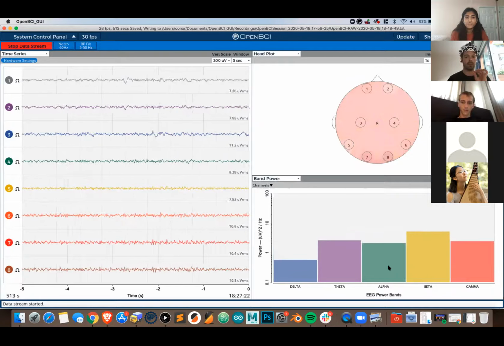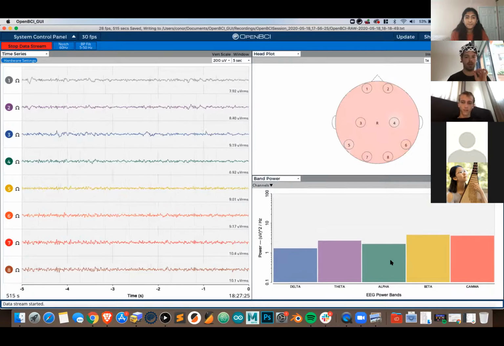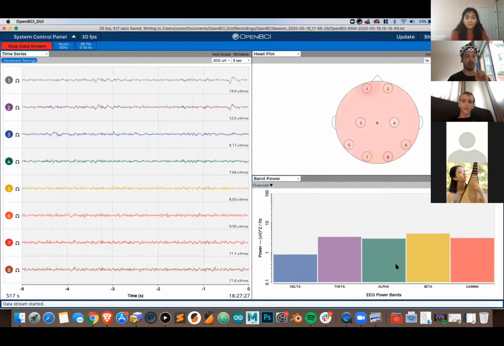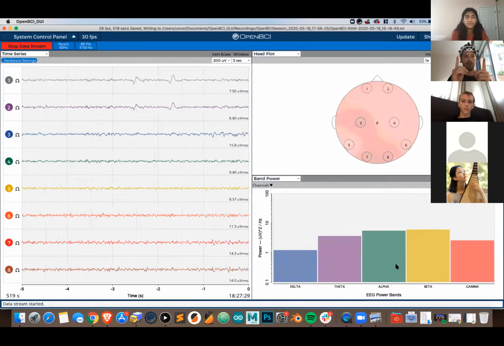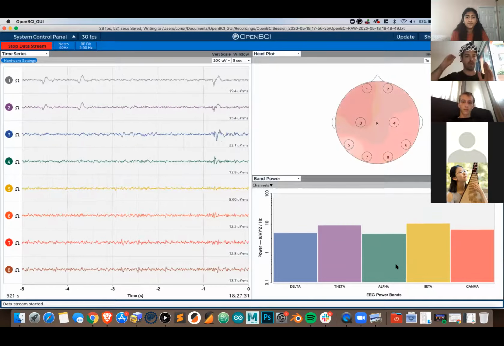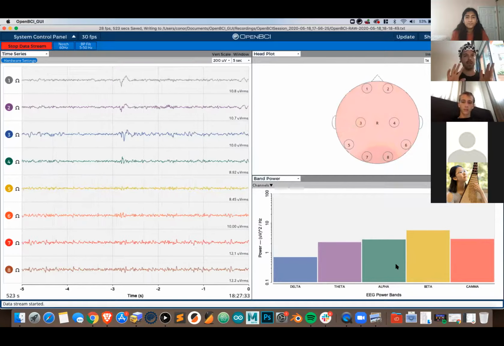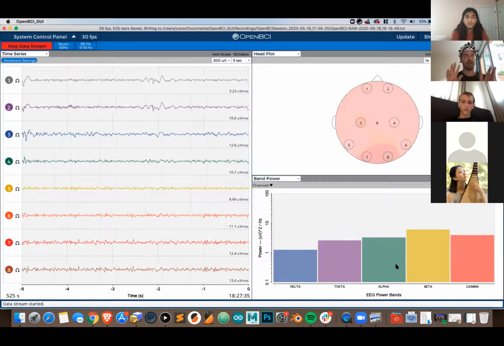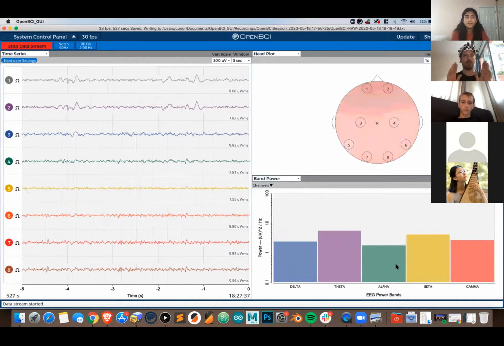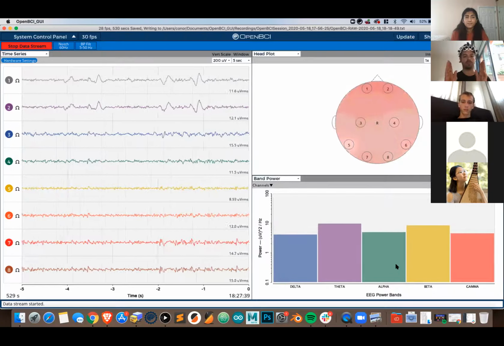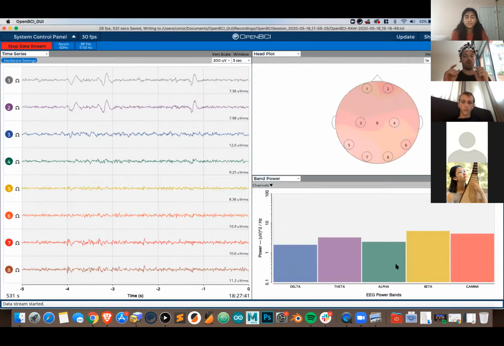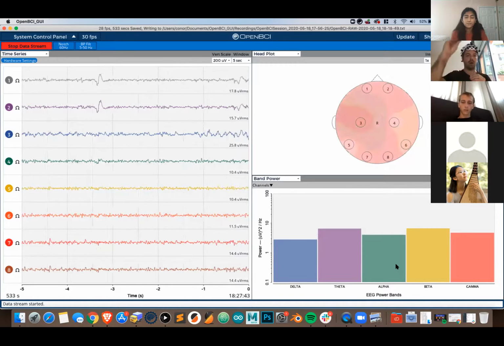Most notably, you'll see the alpha bar, a frequency band representing waves between, I think, 10 and 15 hertz, or maybe 8 and 13. No, 10 and 15 sounds about right. So you'll see that bar grow.